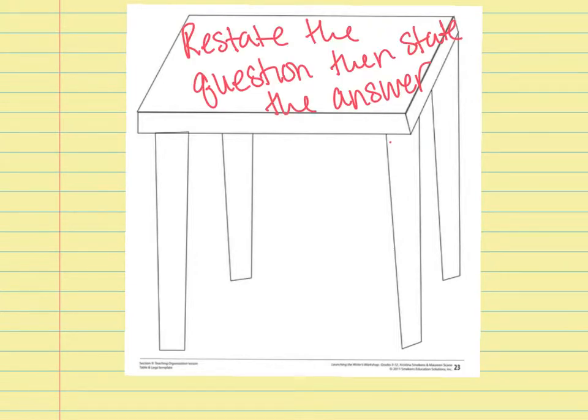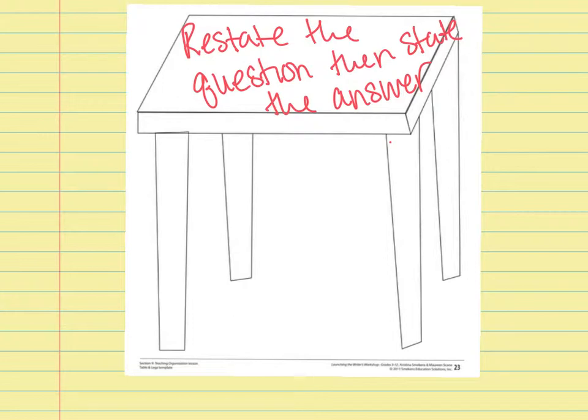Instead of the main idea or main topic, we want to write down our answer. We want to restate the question, then state the answer using very specific word choice. We want to include the question, names, and the important information, and then give our answer. So the only difference is the top.